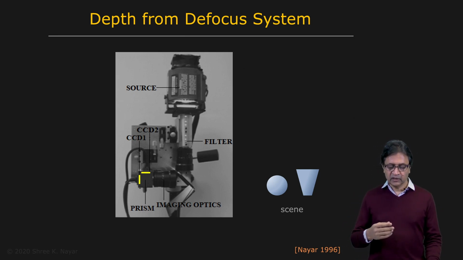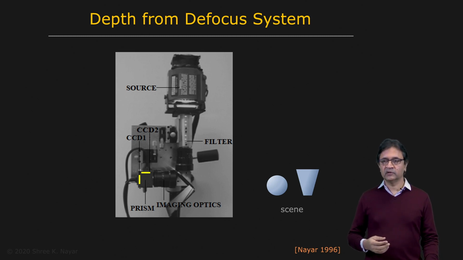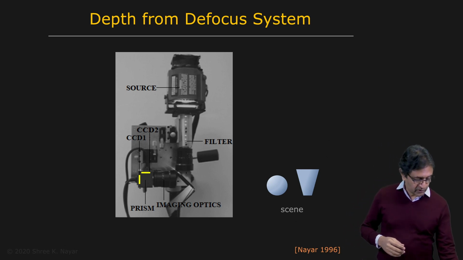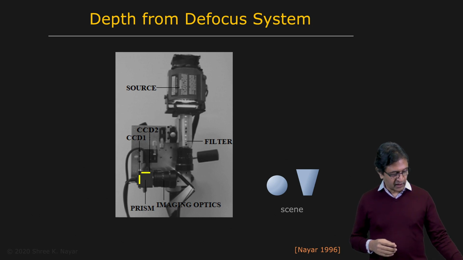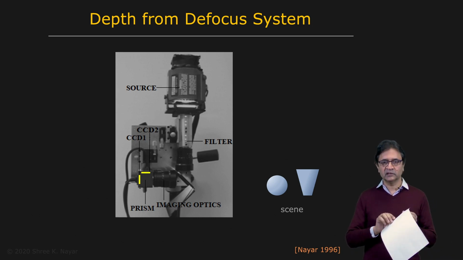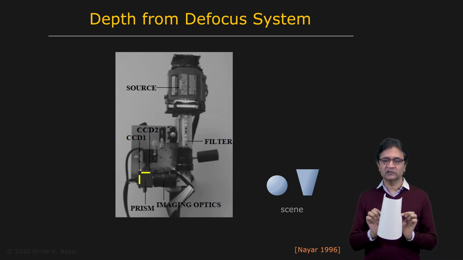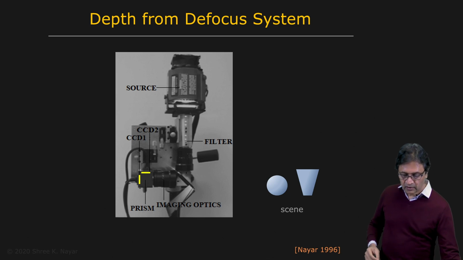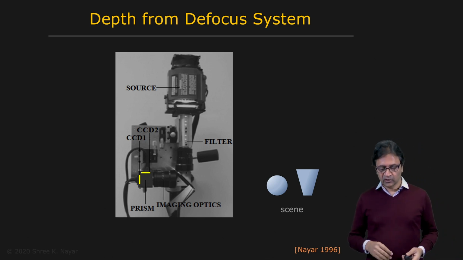But since the system was being developed for surfaces that are arbitrary in terms of texture, one also had to be able to accommodate objects that did not have any texture. And this is something we discussed earlier. If this is your object and this is the surface you want to reconstruct, depth from focus or defocus is not going to work because there is no texture on the object. So the idea here was to actually force a texture on the object by using this light source right here.